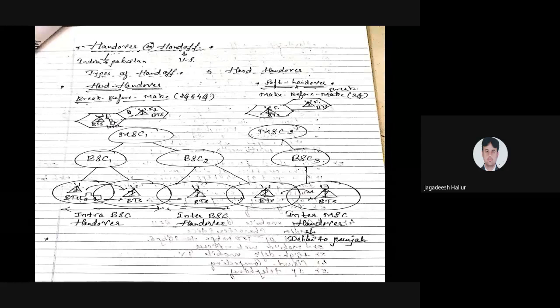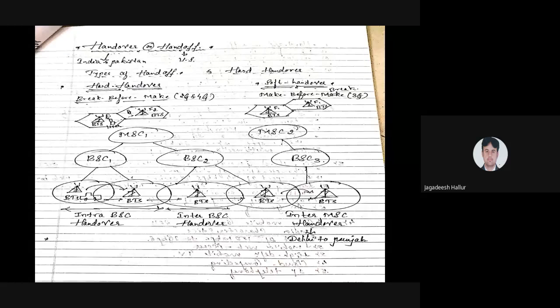I am taking only an example. You are crossing a number of towers on the highway. From BTS 1 to BTS 2, the BTS has changed, but the BSC and MSC remain the same. Both BTSs are connected to one BSC, and the BSC is connected to MSC 1. This type of handover is called intra BSC handover.